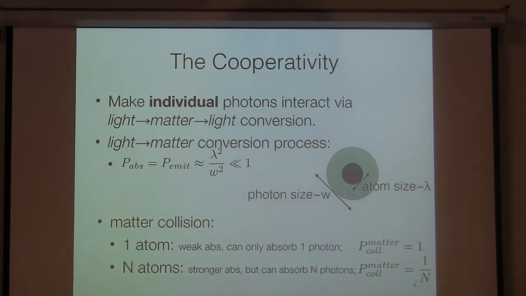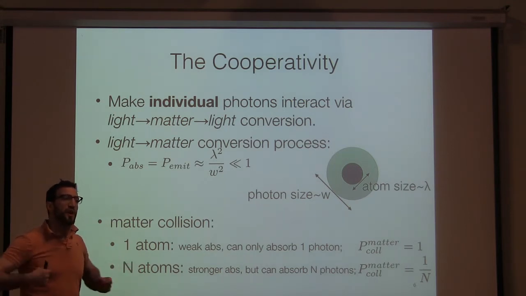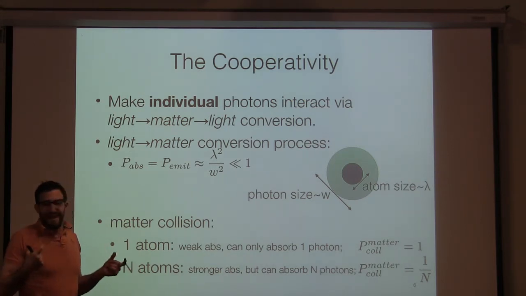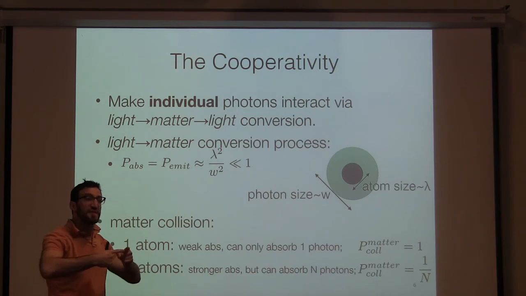So if we have only one atom, the interesting thing is that this atom only absorbs the photon with some small probability, but it's a very nonlinear object. What do I mean by nonlinear? Once it has absorbed one photon, it can't absorb another. This is a way to make photons interact with each other.